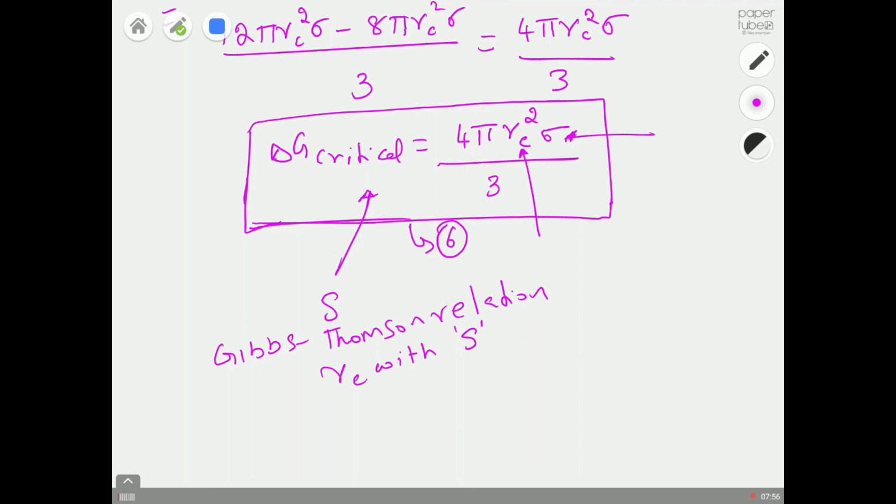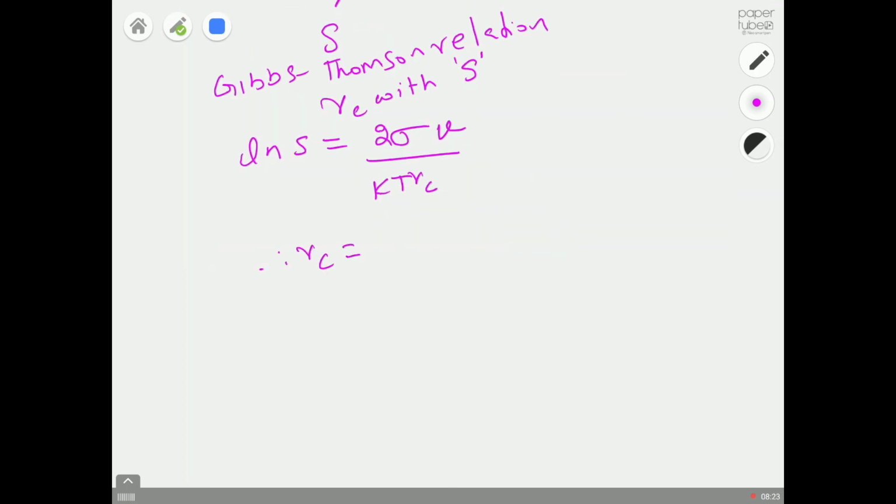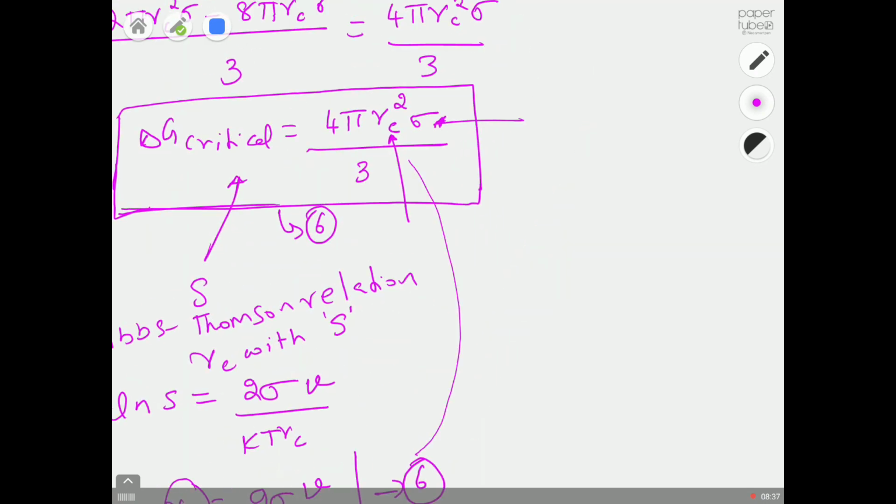So we all know this Gibbs-Thomson relation: ln of S is equal to 2 sigma divided by KT RC. These things we know. Therefore RC is equal to 2 sigma divided by KT into ln of S. Let's call this equation 6, and then we substitute this RC value from equation 6 to here.